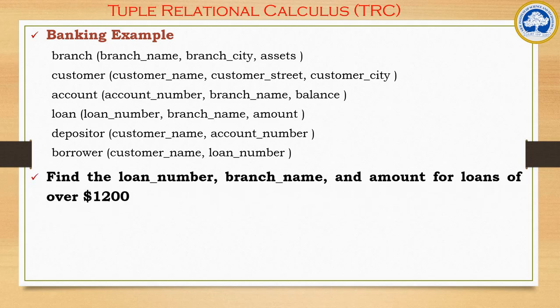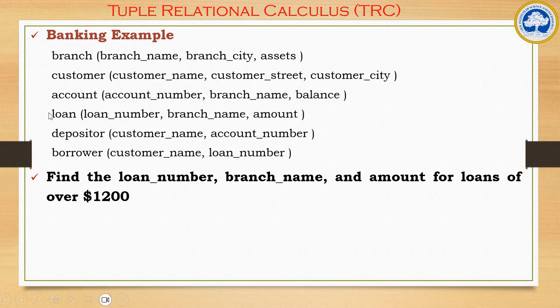The query is to find the loan number, branch number and amount. These three pieces of information we need. The condition is a loan amount over 1200 dollars. Which loans are greater than 1200? For those alone we need the loan number, branch number and amount.